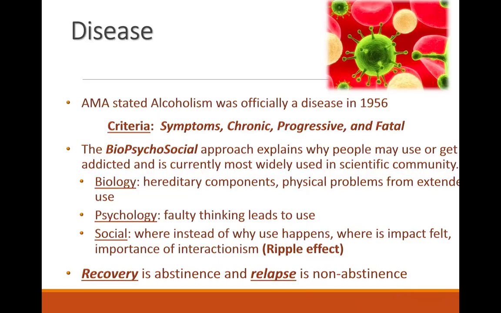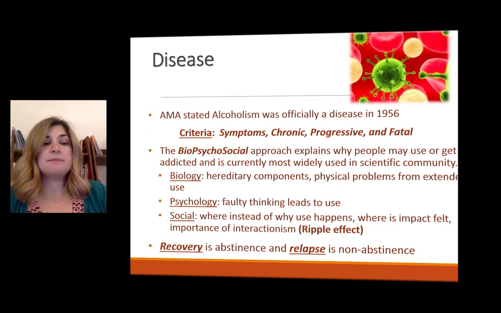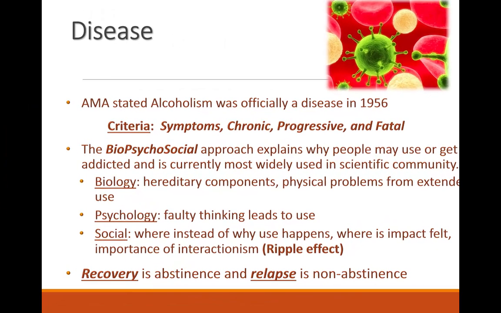The next model of addiction is disease. As you learned in the history of addiction, Benjamin Rush in 1784 was the first person to label addiction as an odious disease. The American Medical Association then later named it an official disease in 1956. They named it a disease because it met the following criteria.